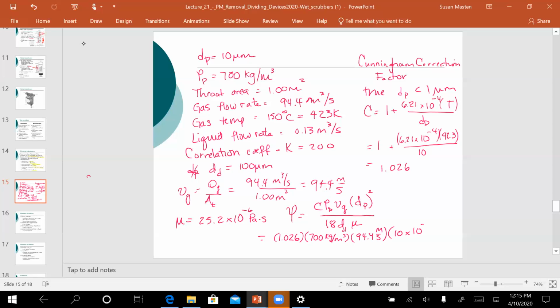We need to convert that to meters, and that is squared, and we'll divide by 18 times 10 times 10 to the minus 6 meters. So that's the diameter of the droplet. And the viscosity.